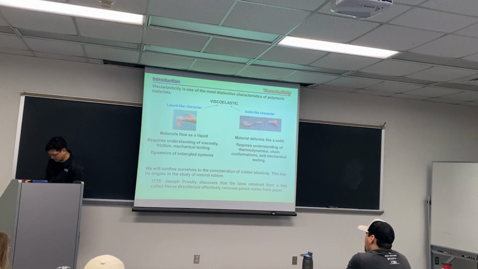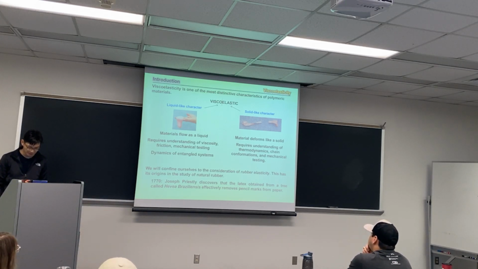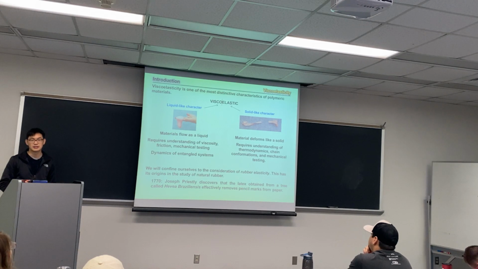The polymer physicist has been studying this class of material to understand it. There are a lot of parameters we listed here. Viscosity comes into play, and there's a lot of interesting property related to this class of material. There's the shear thinning effect, which means when you start to deform it, it becomes much easier to deform.